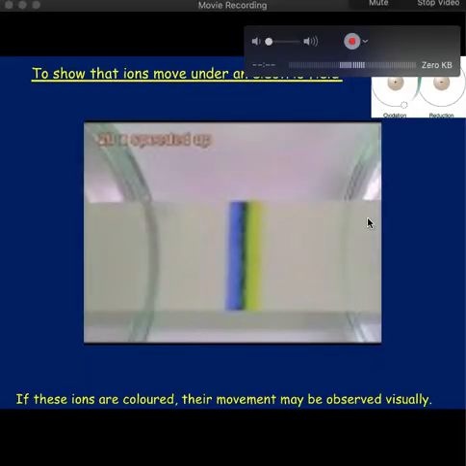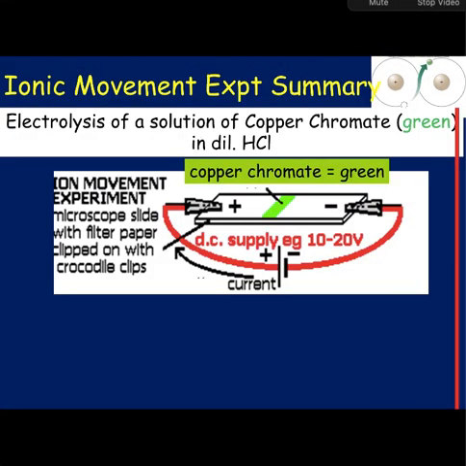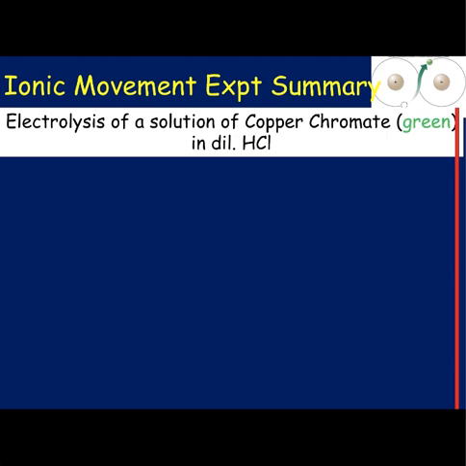Okay, so in terms of your little table, let's see what you see. Our electrodes in this one are inert. They are just there to carry our current.